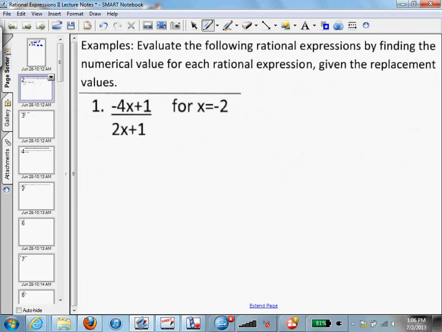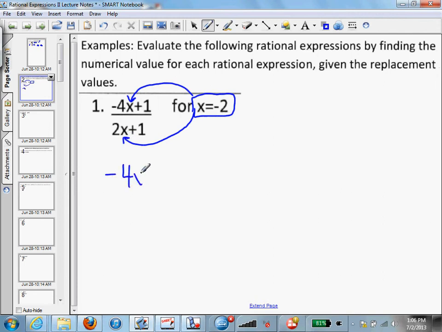Okay, to dive into some examples of this section, they might say to evaluate the following rational expression by defining the numerical value for each rational expression given the replacement values. So for examples like this, we're going to take what x equals, in this case -2, and plug it in for every x that we see in the rational expression.